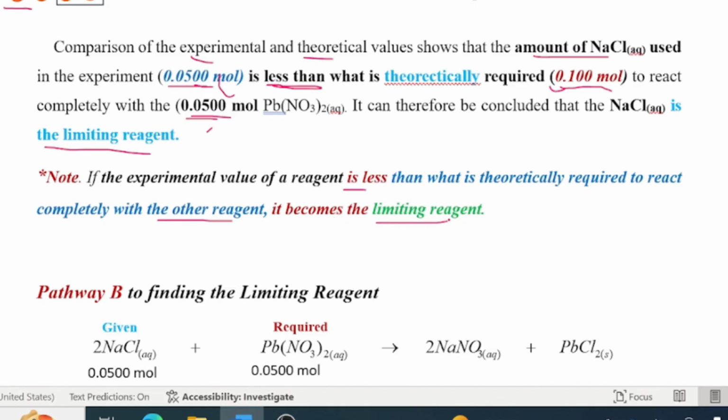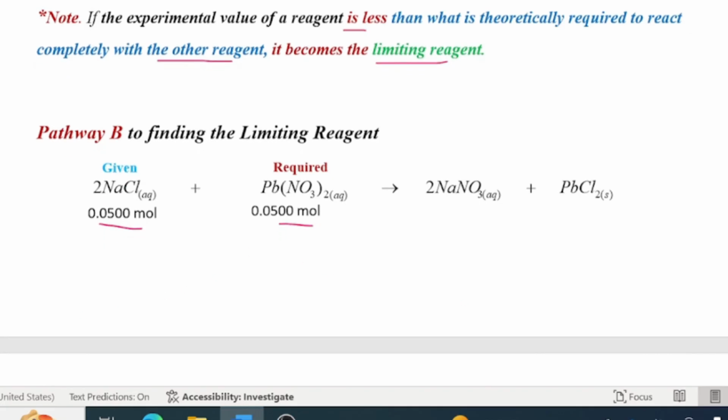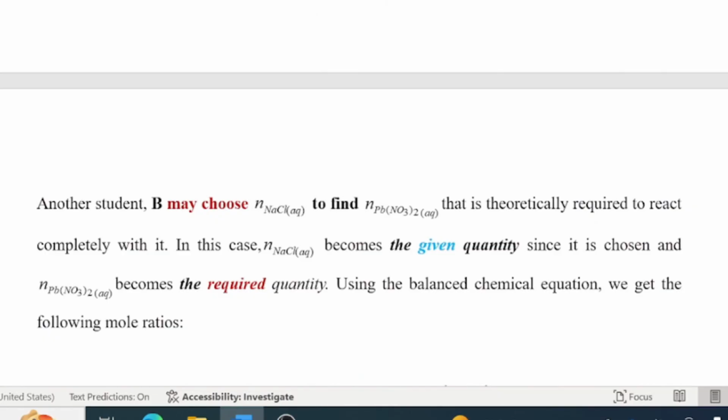Let's see what another student will do, and you probably will do that, and your friend will do that one. We just want to show you how you end up with the same result. You're going to choose this one to find how much of the other is required. So this becomes the given reagent, and the other one becomes required.